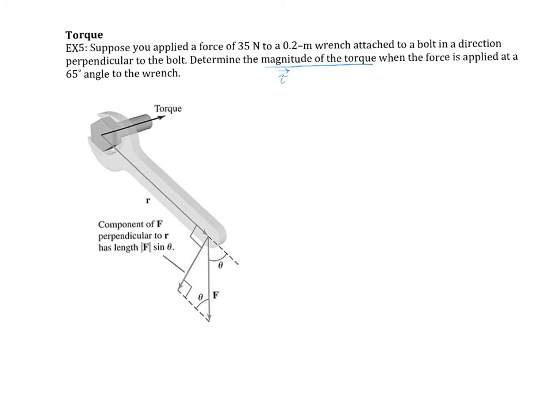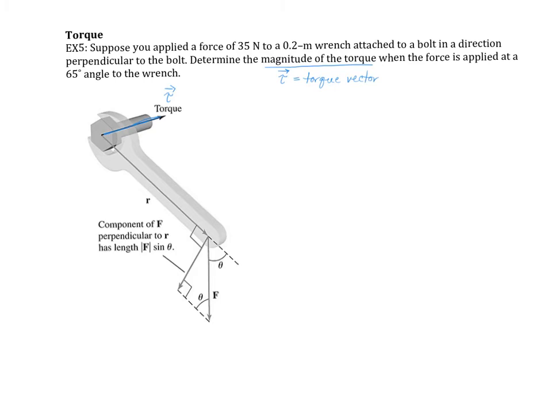Sometimes this is also used for torsion, which is a little bit different. So I'm going to let this Greek tau be my torque vector. So that would be this vector here. Okay, so I have my torque vector.